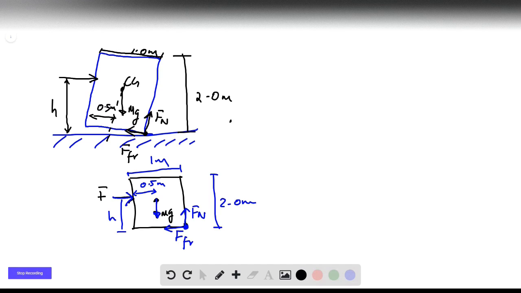There are two things we need to solve for this problem. The weight of the box, mg, is given as 250 newtons, and the coefficient of static friction is given as 0.60.